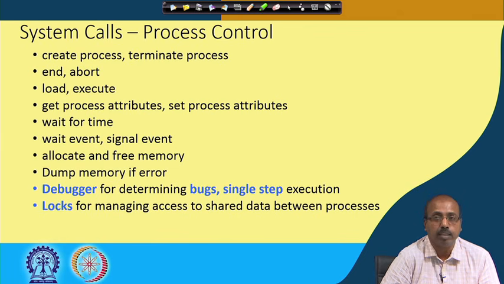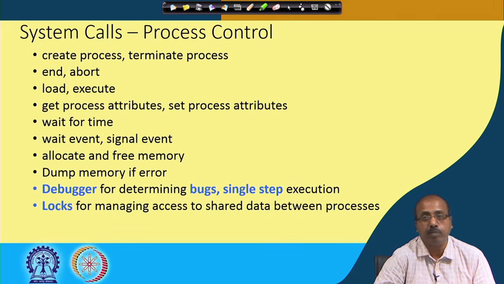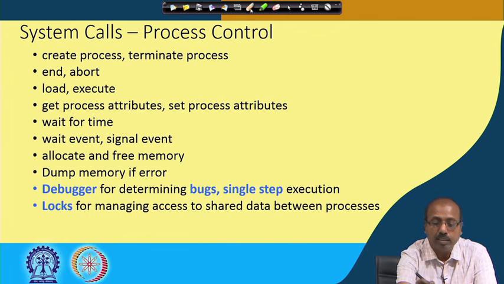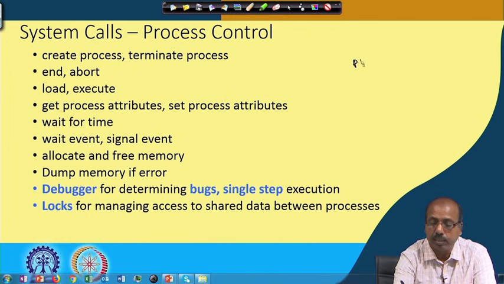Sometimes a process may like to wait for some event to occur, or it may want to inform some other process that some particular event has occurred, so that the other process can continue. It may so happen that I have two processes P1 and P2. P2 is waiting for some event which will be triggered by P1.